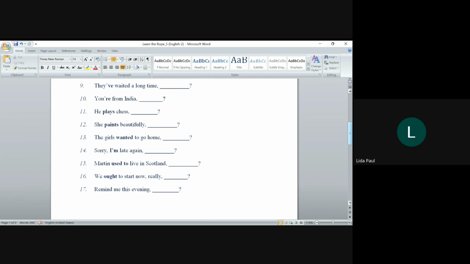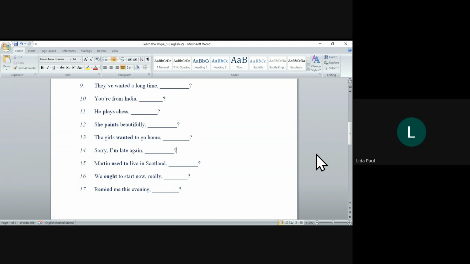Oughtn't we is also not wrong grammatically, but the popular version, the one you usually see in people's conversations, would be shouldn't. So both options are correct, but the more popular variety is the shouldn't form. We ought to start now, really, shouldn't we? We ought to start now, really, oughtn't we? Okay, both are correct.